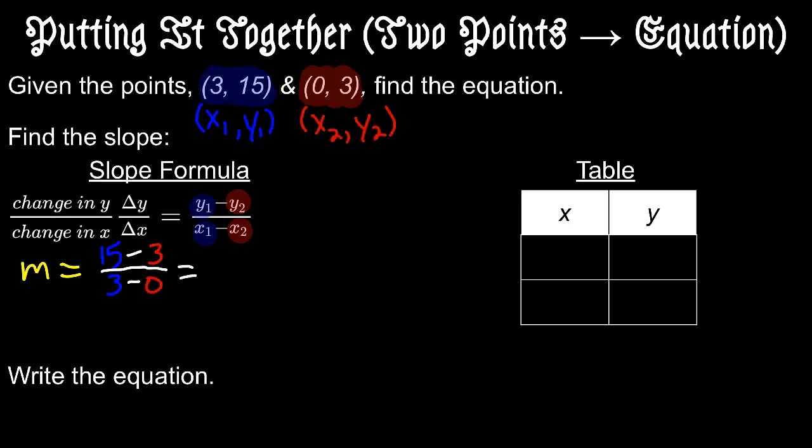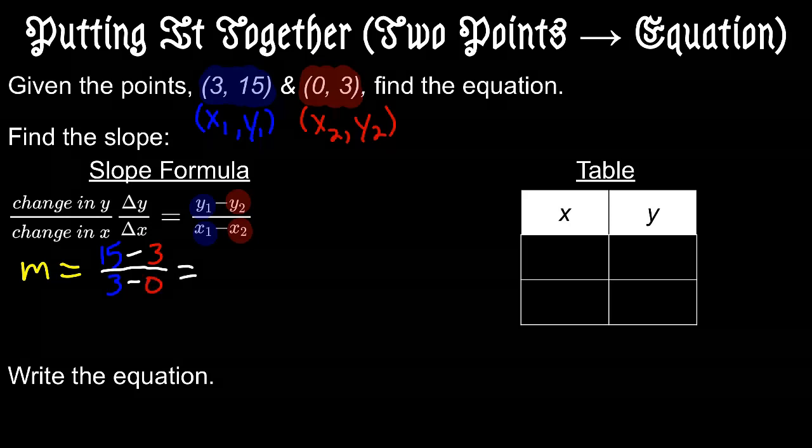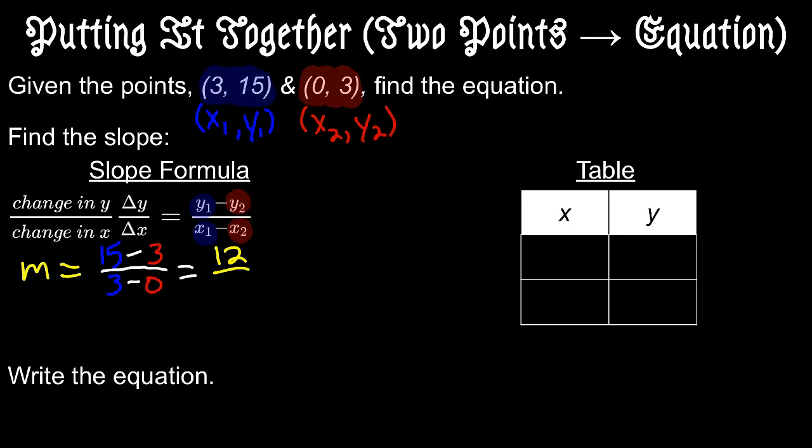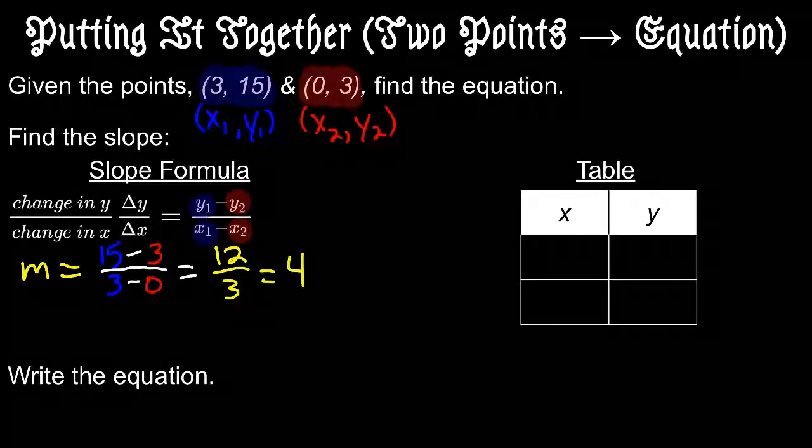So that's going to equal 15 minus 3 is 12 over 3 minus 0 is 3, which is 4.